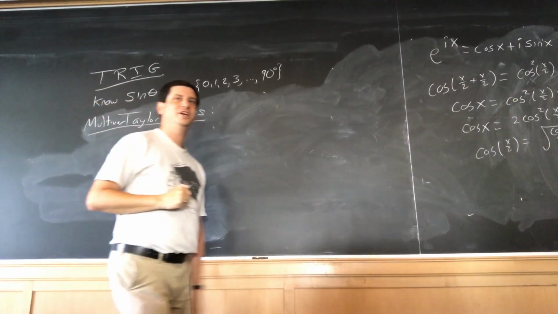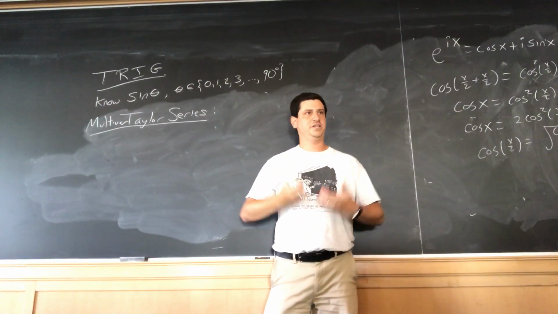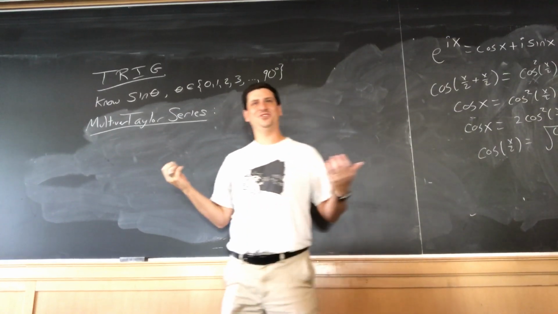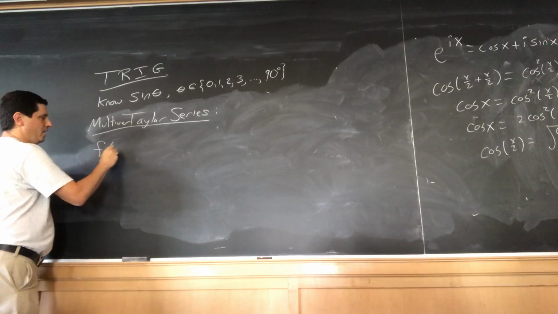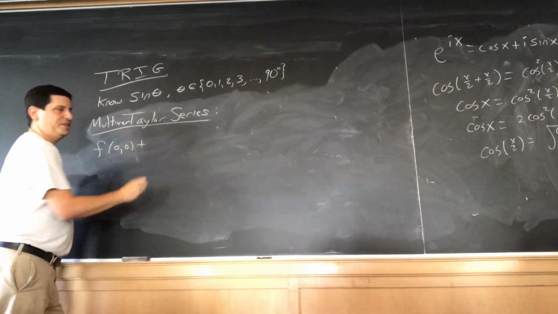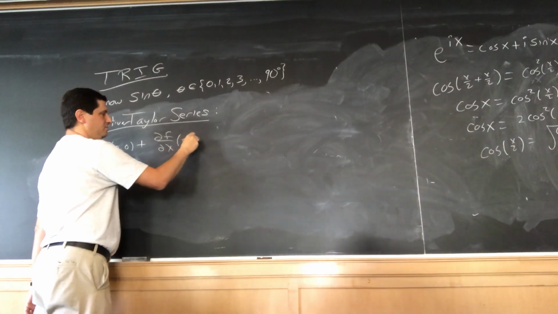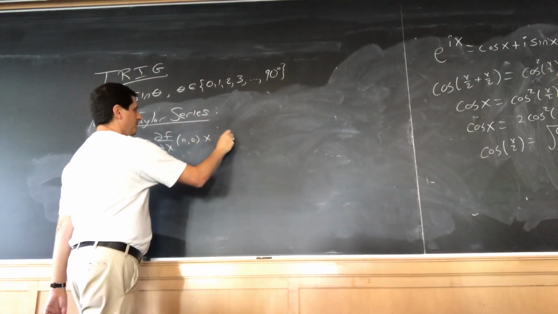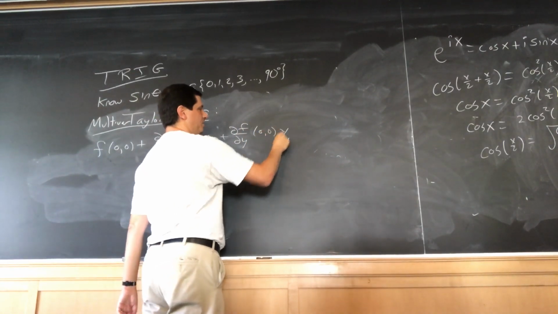So as long as we're here, let's quickly do multivariable Taylor series. It's like Taylor series, but in multiple dimensions. So you just have to start taking more and more derivatives. So you would have f of 0, 0. And then you would have df/dx at 0, 0 times x, plus df/dy at 0, 0 times y.